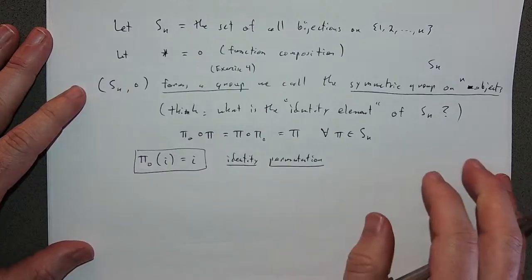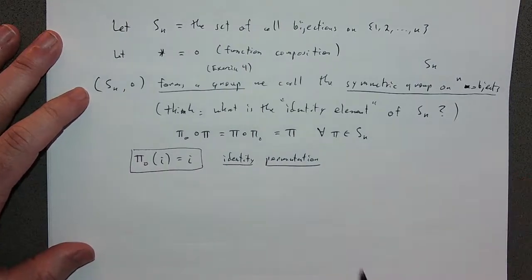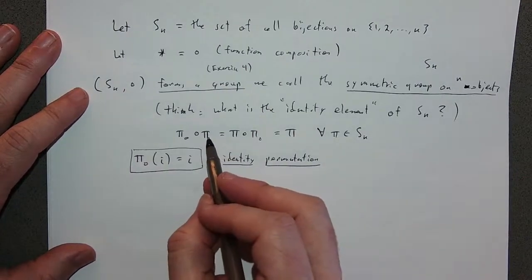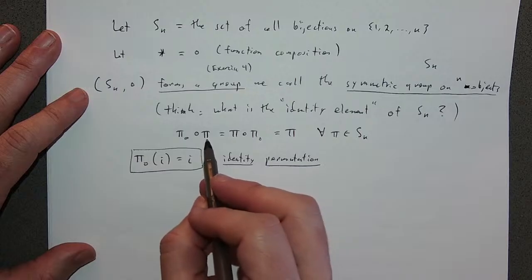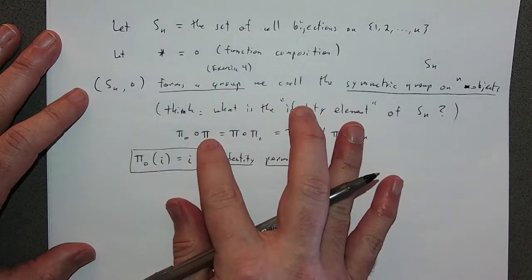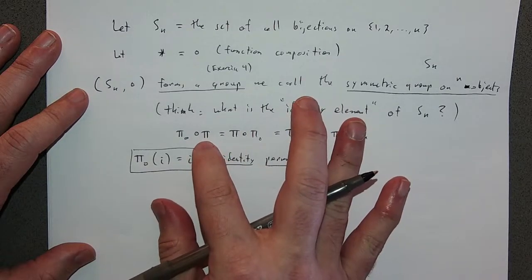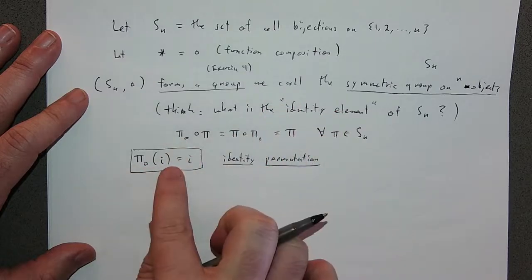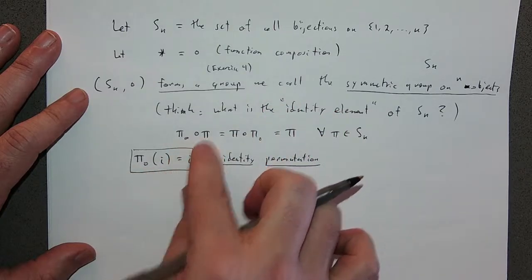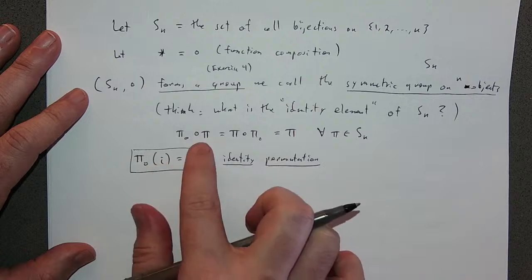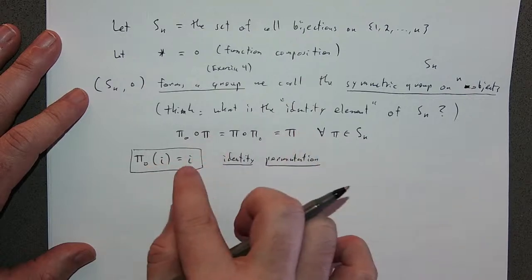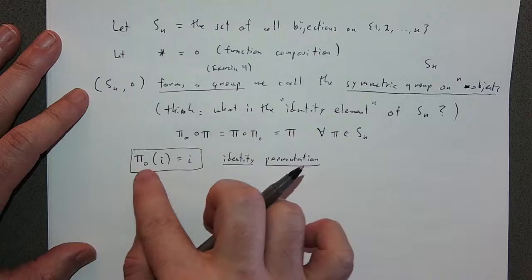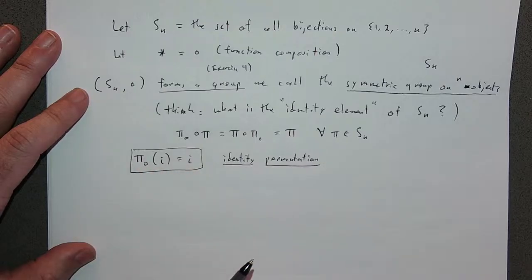Here, let's think about this for a second. I have a generic permutation here. It does its thing. If I define the identity permutation in this way, whatever it finds, it just fixes it. So whatever this did will not be changed by the identity permutation.